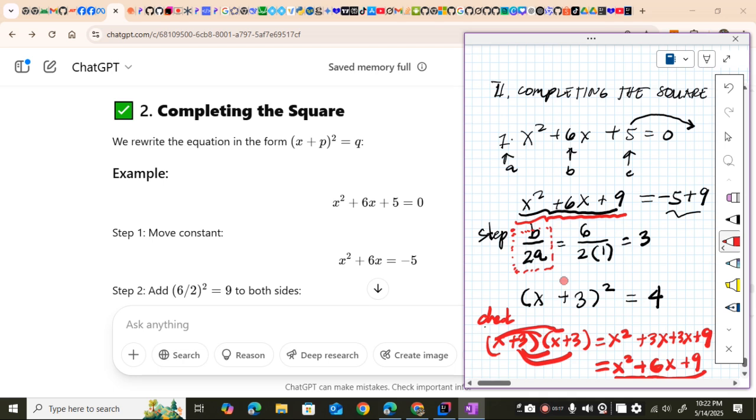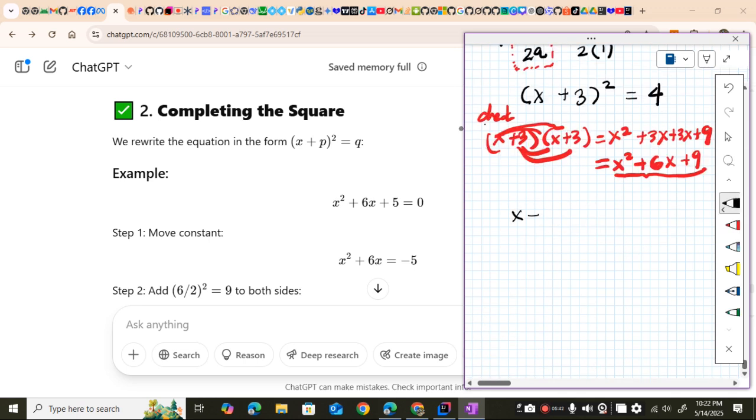In this case, x plus 3 squared, which is equivalent now to 4. Now, to proceed with the solution, x plus 3 squared equals 4. All we need to do is to take the square root of both sides. And this is essentially plus minus 2.